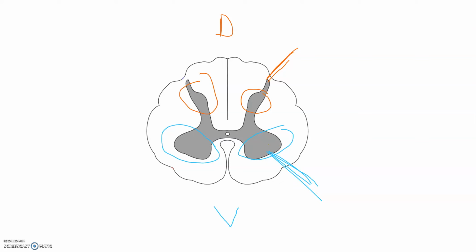So the next thing we can tell our patient is that these roots are going to converge, but there's also one important structure on the dorsal roots that we need to identify, and I'll give you guys a second to try to guess what that one is. We can identify the dorsal root ganglion. I'll draw kind of a bulb here, and that's going to represent our dorsal root ganglion.